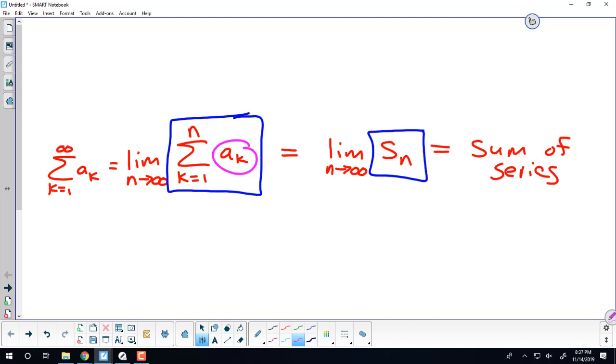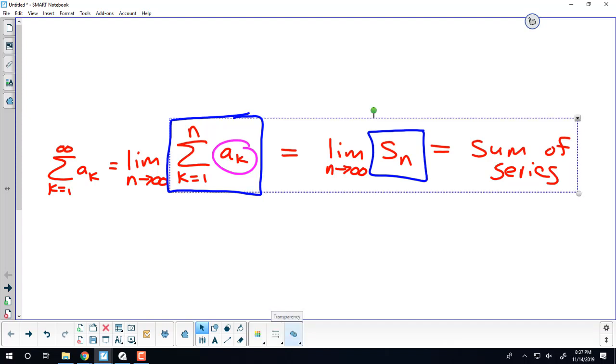With the a sub k, we're just looking at each term of the series, not the sum, which is what a series is. So that's an important distinction: why does this give us the sum of the series when I compute the limit on a sub k it doesn't? Because you're just looking at the limit of each term as opposed to the sum of the terms. I hope that's clear.